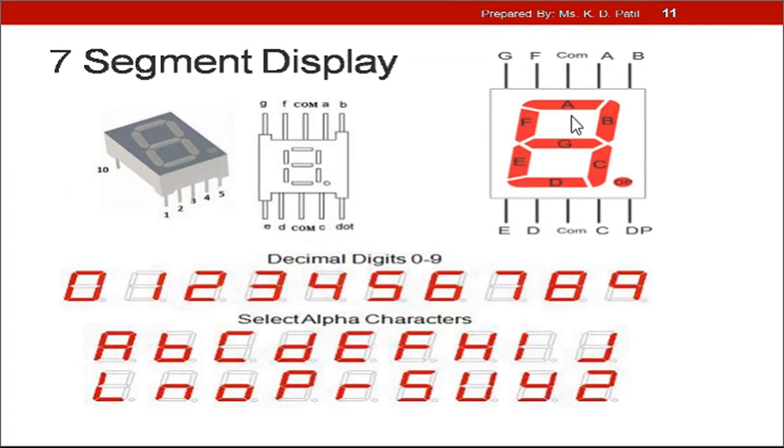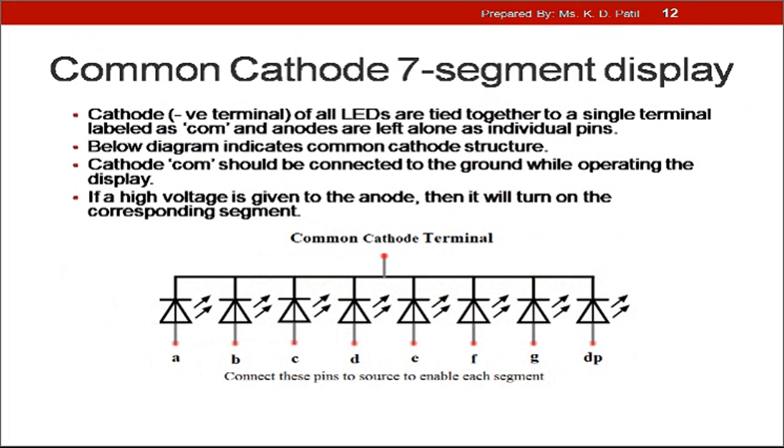This COM is useful for interfacing the common cathode 7-segment display. And what about the anodes? All those anodes are left alone as individual pins.